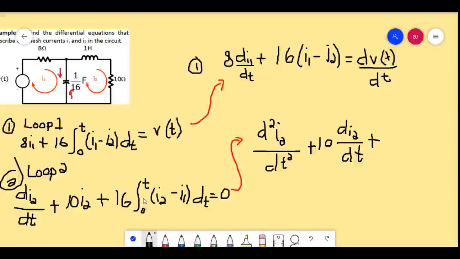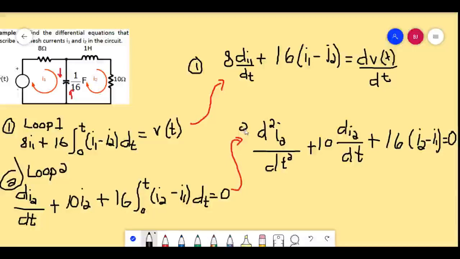Then the integral here would be cancelled out by the derivative. So this would become 16 multiplied by I2 minus I1. And that would be equal to 0.